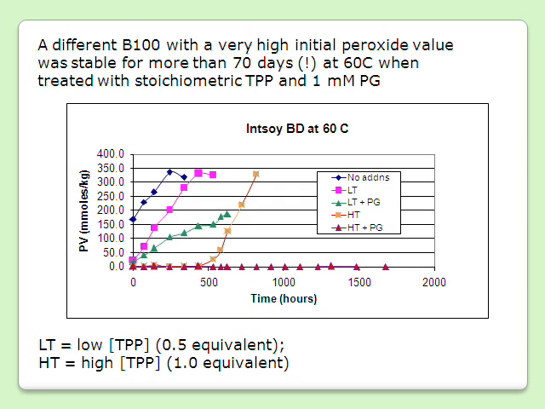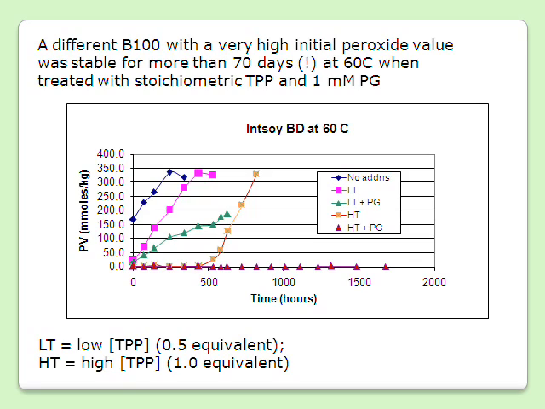If you had a higher amount of triphenylphosphine, or a low amount of triphenylphosphine plus propyl gallate, there was further improvement. If you added a stoichiometric or equivalent amount of triphenylphosphine, you saw a delay of about 500 hours.